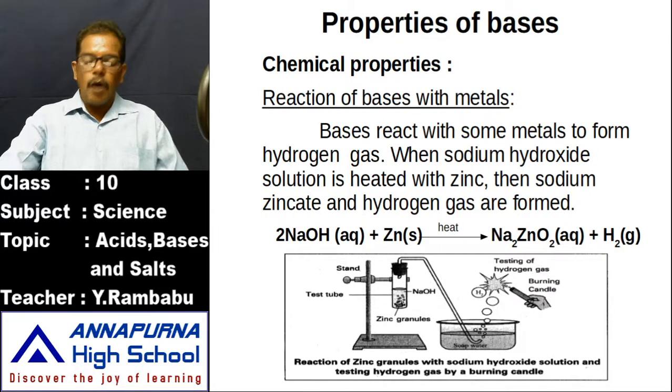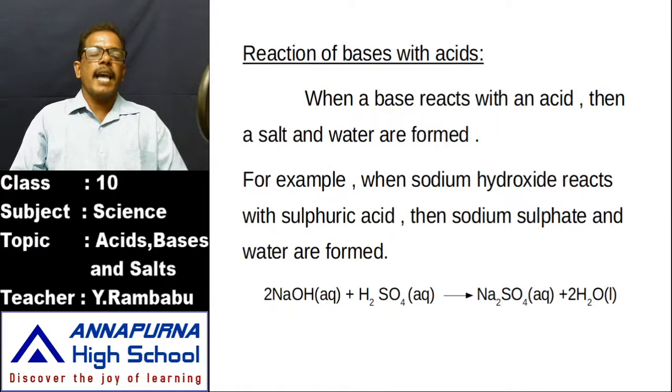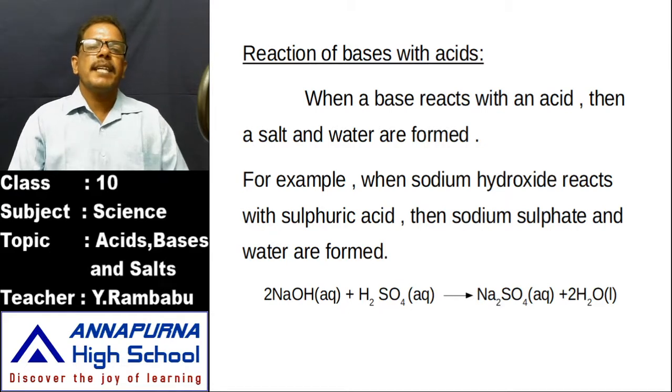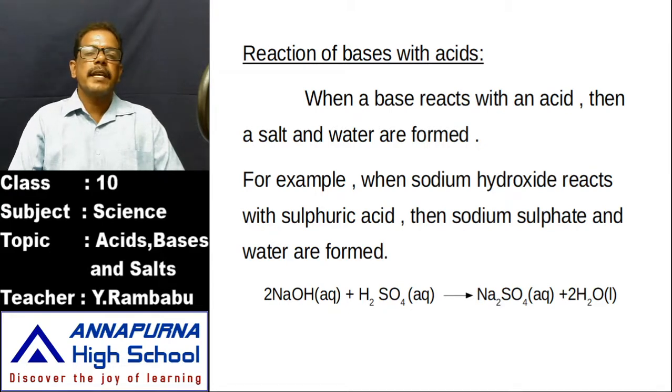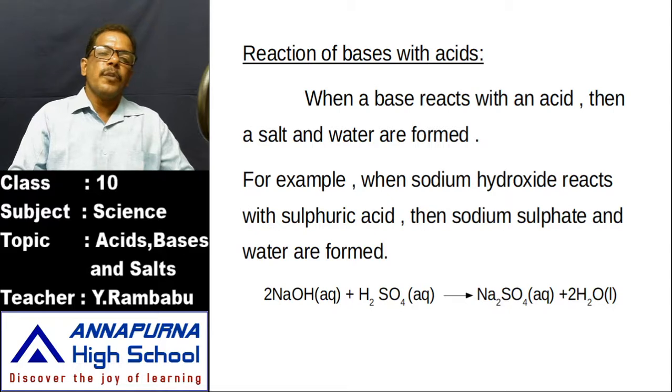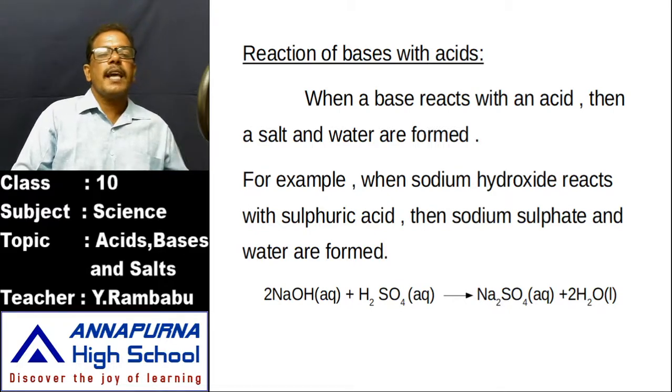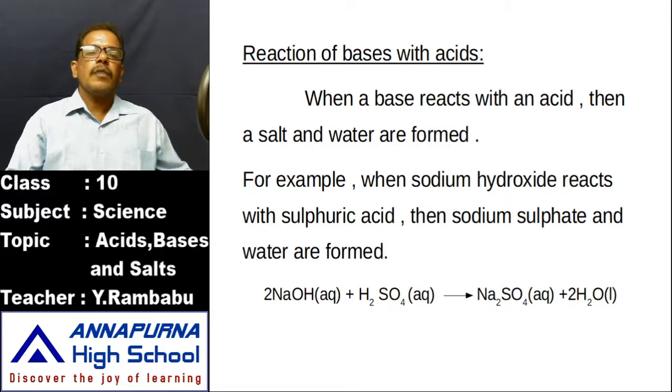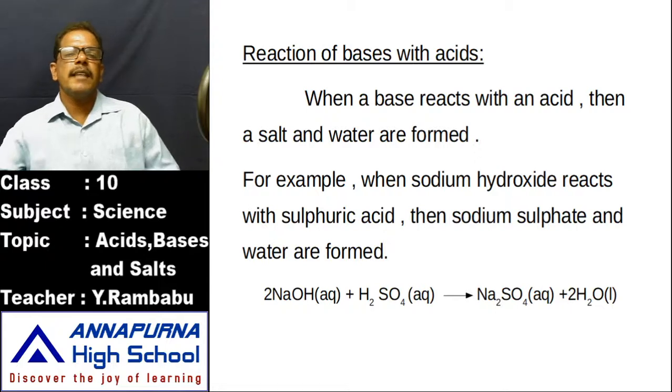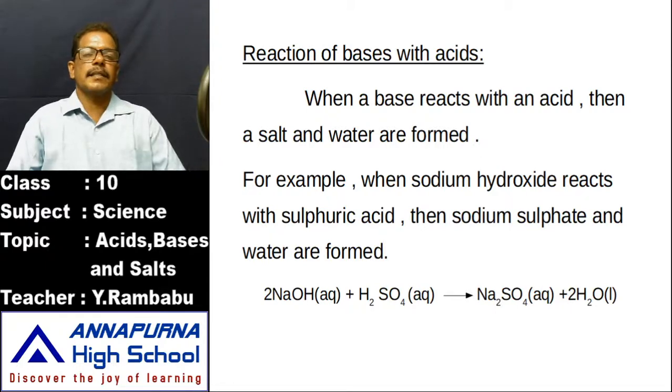Then, how do bases react with acids? Generally, what happens when an acid reacts with a base? We know a base is a substance which neutralizes an acid, or vice versa. That means an acid is a substance which neutralizes a base.